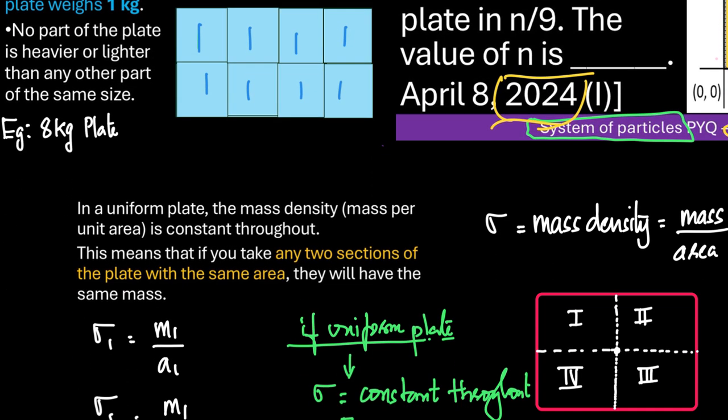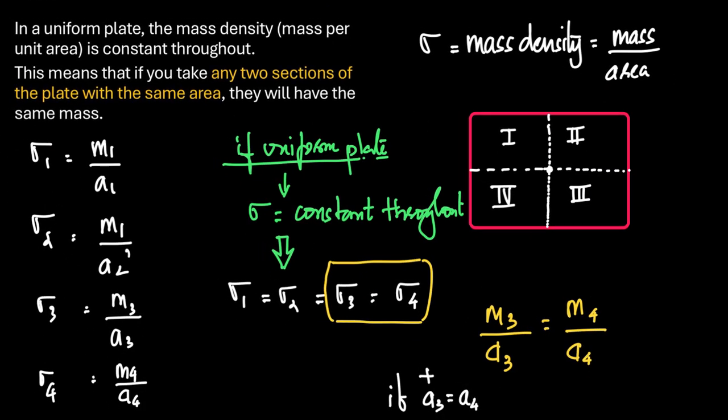So when we say that the mass density, sigma is equal to mass per area. Now in a uniform plate, this mass density sigma is constant throughout.